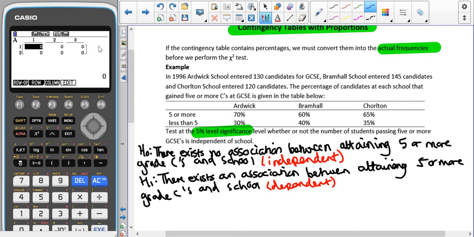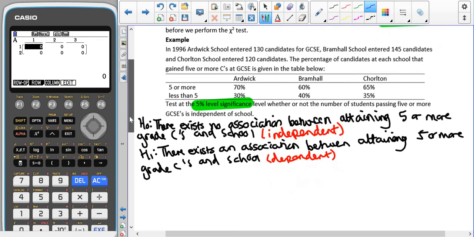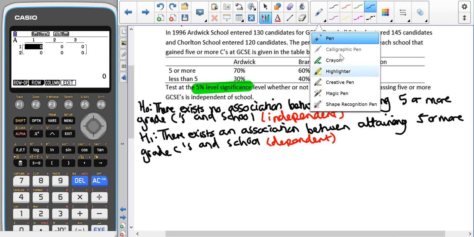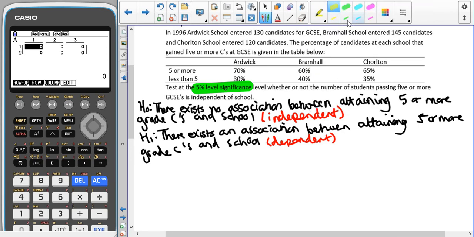Remember, if you put them in the wrong way around, this table won't look correct. But we can't put in these values here because these are percentages. So that's as far as we can get with that bit. So what we have to do instead is change these to frequencies, and we need to use the information that was given to us in the question.